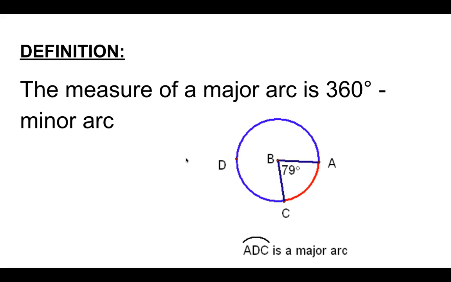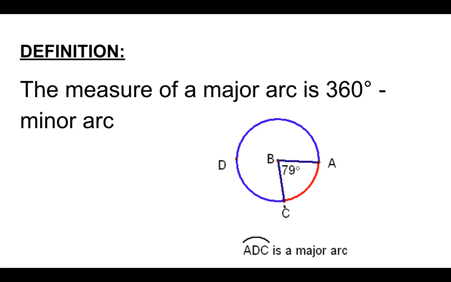The measure of a major arc is always 360 minus the minor arc. So again, we have this central angle, 79 degrees, because it's touching the center point of your circle, B, and it formed the angle CBA, and its degree is 79 degrees. That means that this arc, arc AC, is 79 degrees.